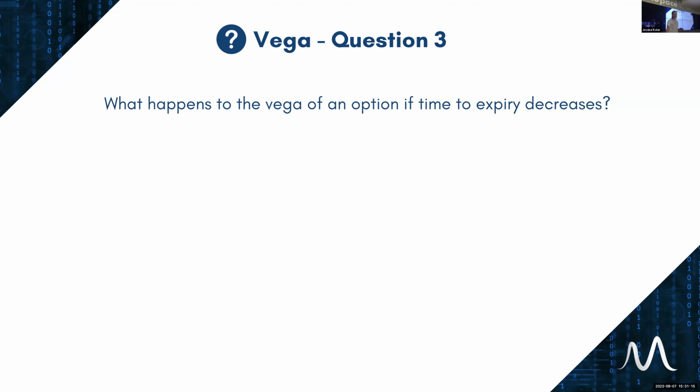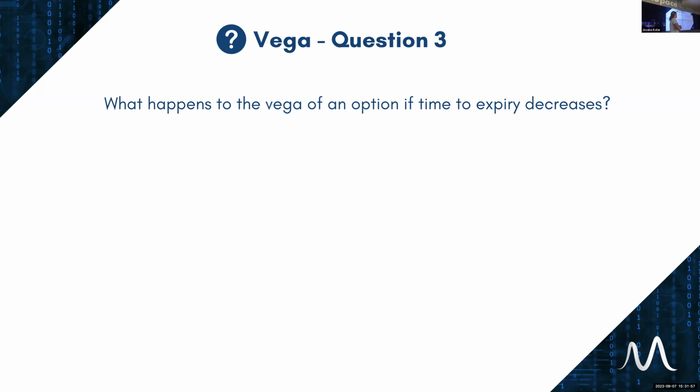So next, let's think about what happens to the Vega of an option if time to expiry decreases. So remember, like before, time to expiry can be very similar to volatility.